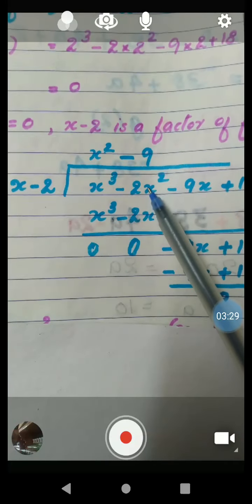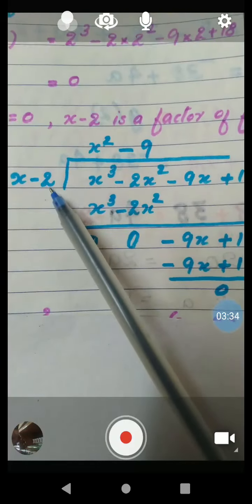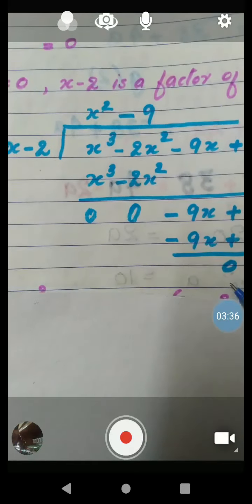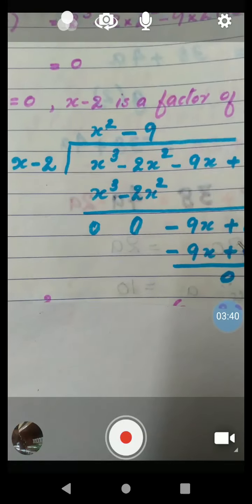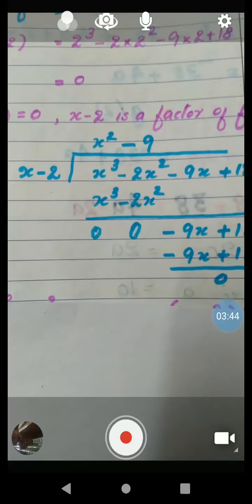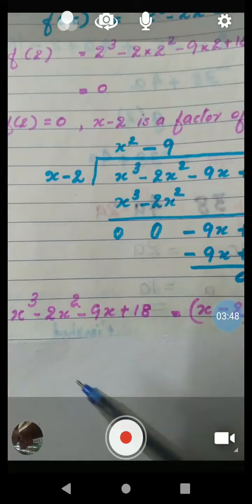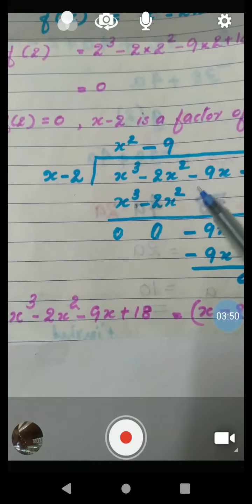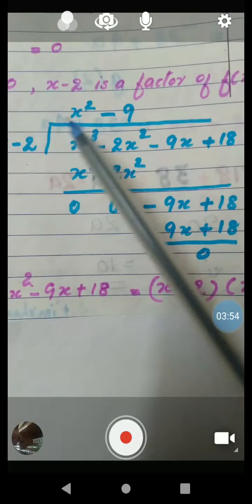Dividend is equal to quotient into divisor plus remainder. You studied this fact in standard 2. Do you remember that? Anyway, we can write f(x) is equal to x minus 2 into this.